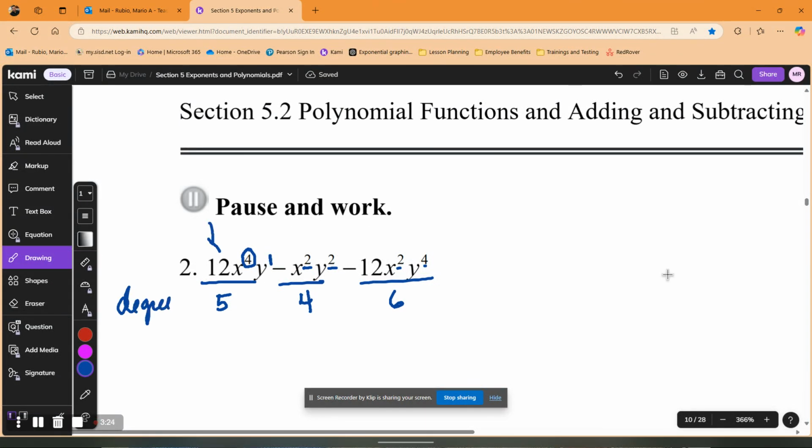Remember, it's not the number in the front. It's the number of the exponent plus any other variables. So that's why this one is 4 plus 1 equals 5, 2 plus 2 equals 4, 4 plus 2 equals 6. So in this case, our degree of the polynomial is 6.